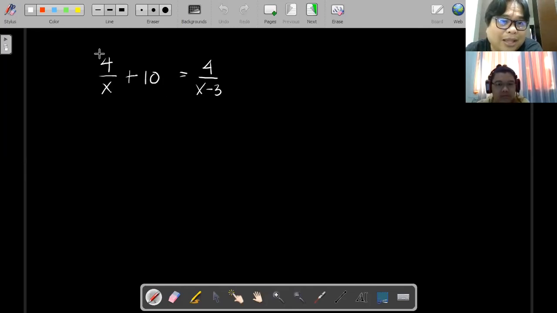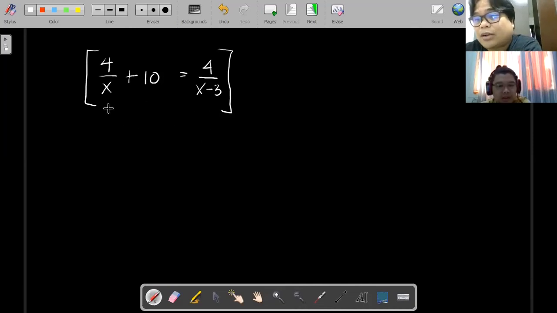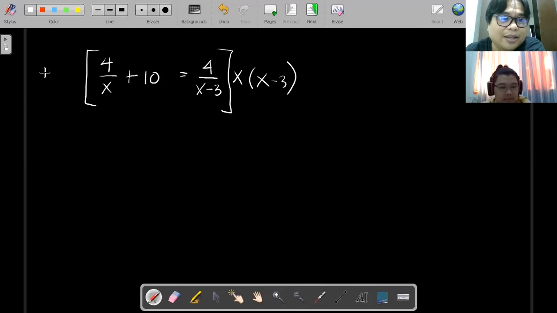By multiplying both sides of the equation by the least common denominator. In this case, the common denominator of x and x minus 3 is just the product of them. So x times x minus 3, and x times x minus 3.